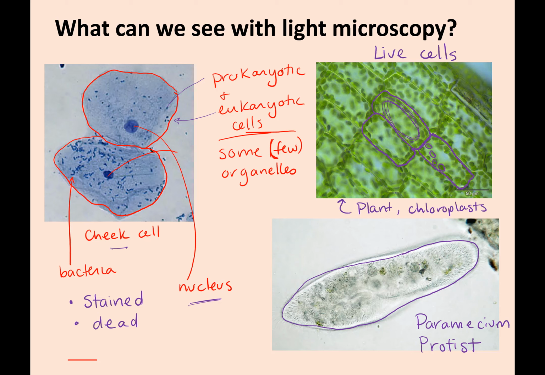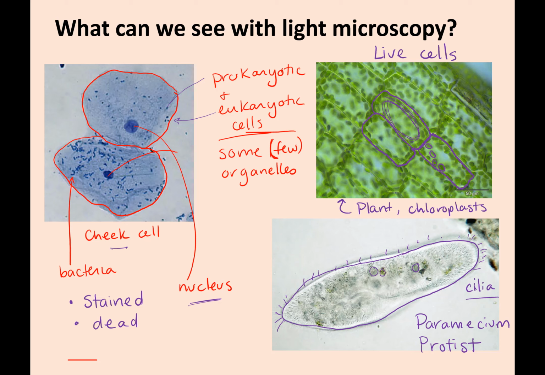Here you can see some distinct shapes, right? But it's really hard to tell what they are. Some of these are probably vacuoles that are storing. And if you look really carefully, you can kind of see this fuzziness, especially at the ends. These are the cilia.